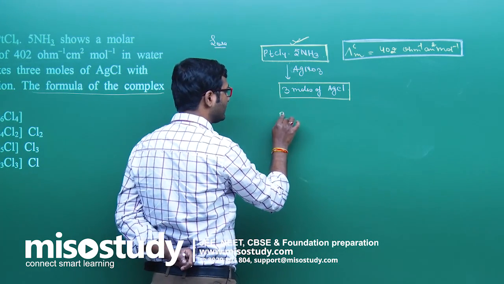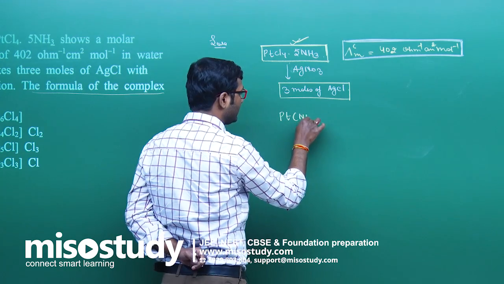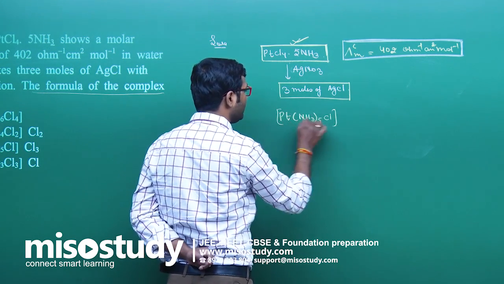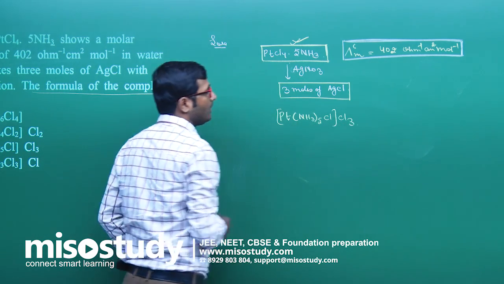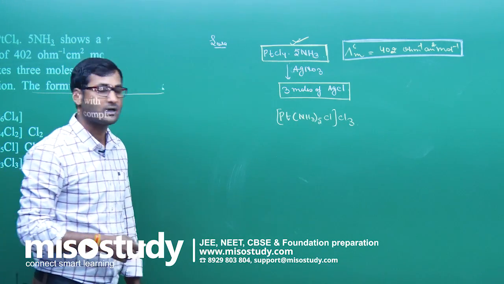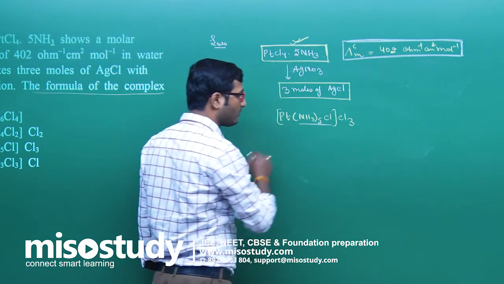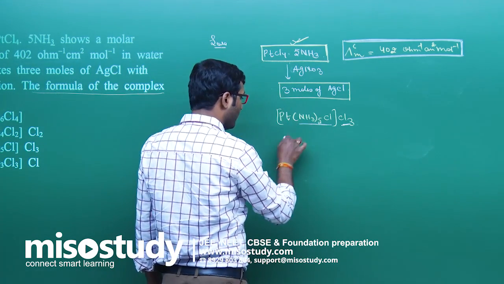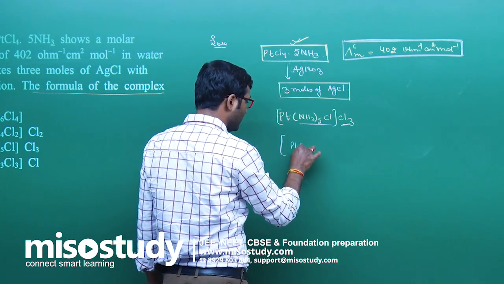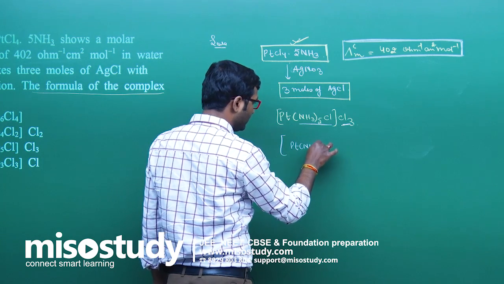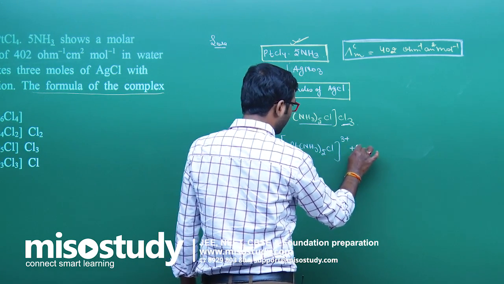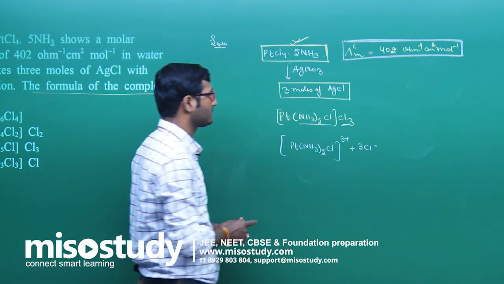So we can arrange it like this: Pt(NH3)5Cl into Cl3. This should be the formula of the compound, because it has coordination number 4 and 3 Cl outside the bracket, because it will break like this: [Pt(NH3)5Cl]3+ and 3 Cl minus.